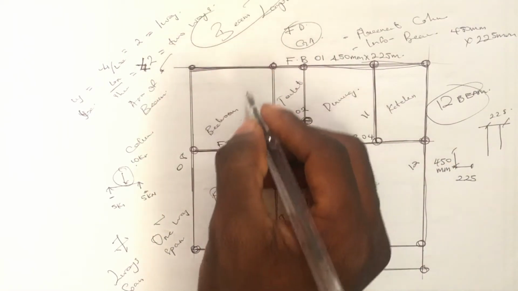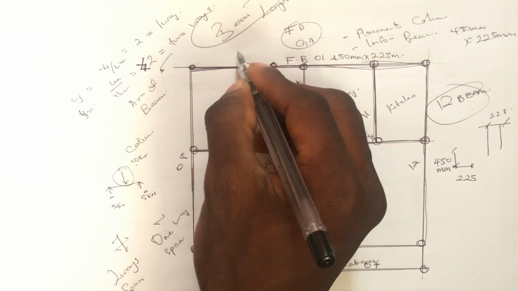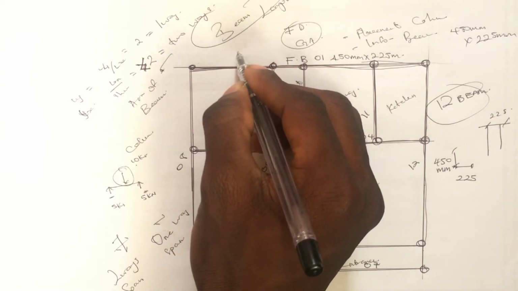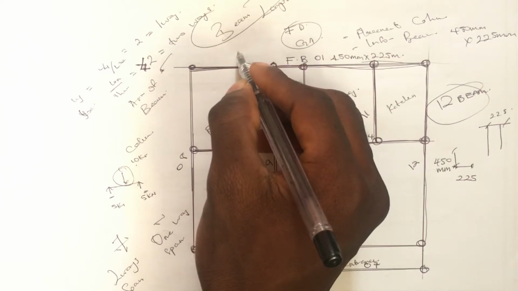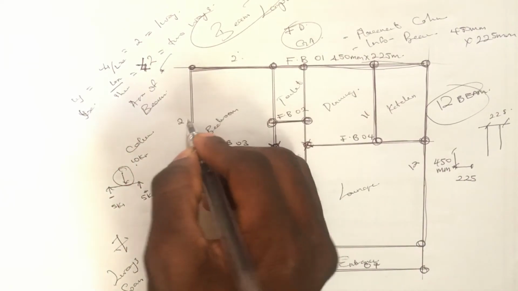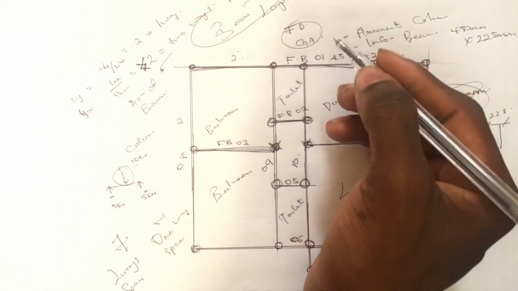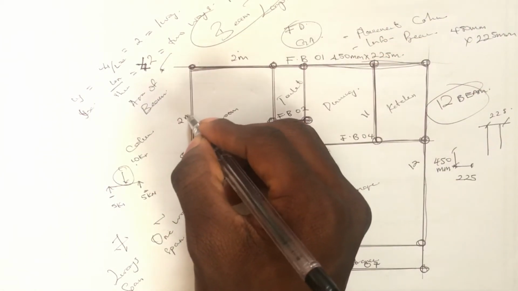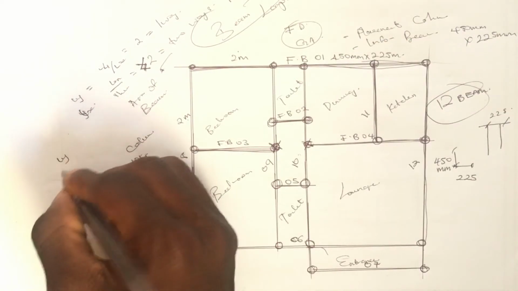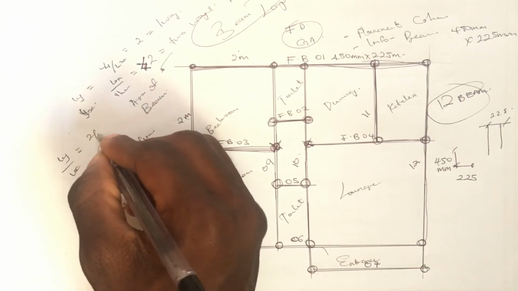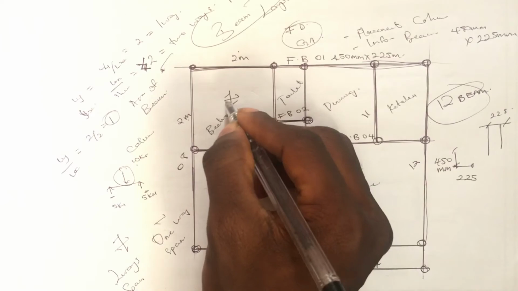So if we have, maybe, 2 and 2, and we get 1. Since 1 is less than 2, if this is 2 meters and this side is 2 meters, if we divide the ly over the lx, which is 2 over 2, which is 1, that means we're making this a two way.